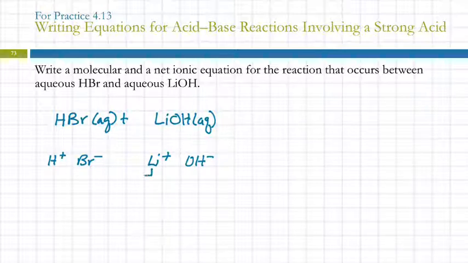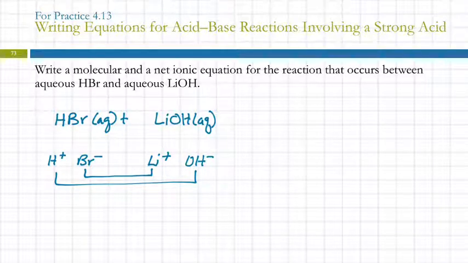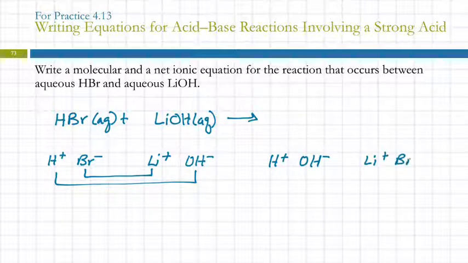We're going to swap partners. And in an acid-base reaction, you're always going to get hydrogen and hydroxide. So over here, we'll have hydrogen and hydroxide together, and then the other two be lithium and bromide. And when we write these formulas, it's always the cation first and then the anion.